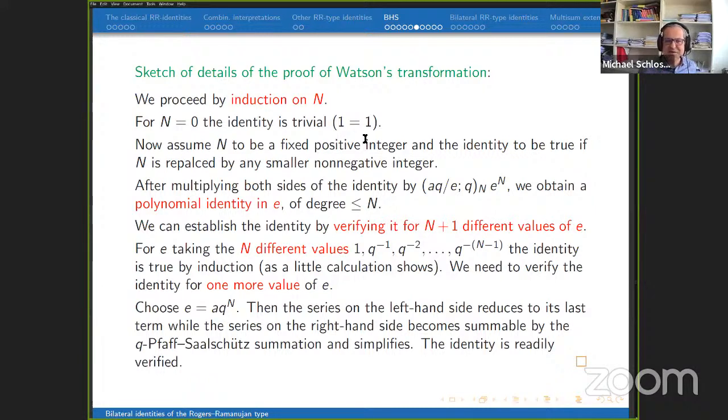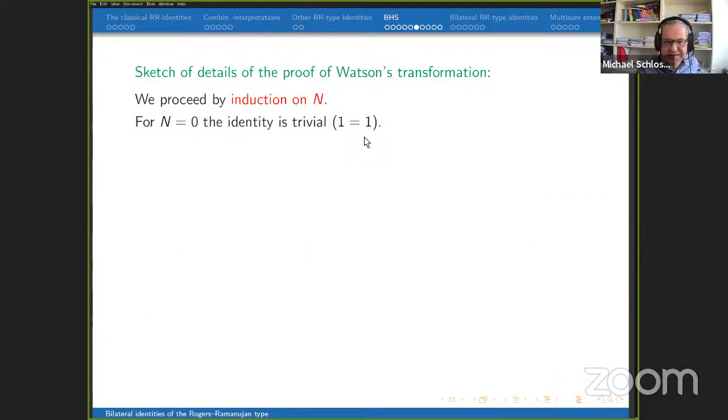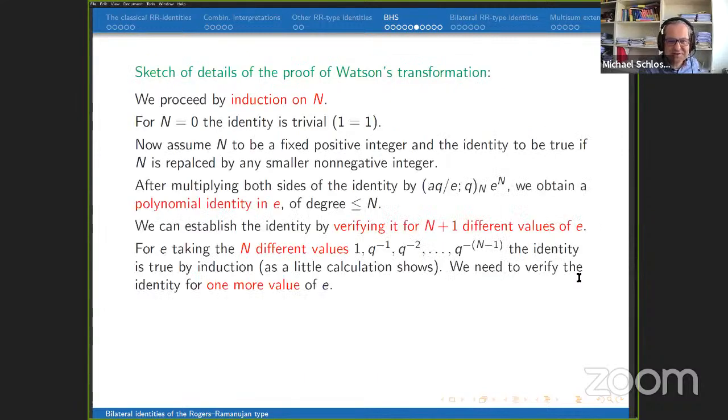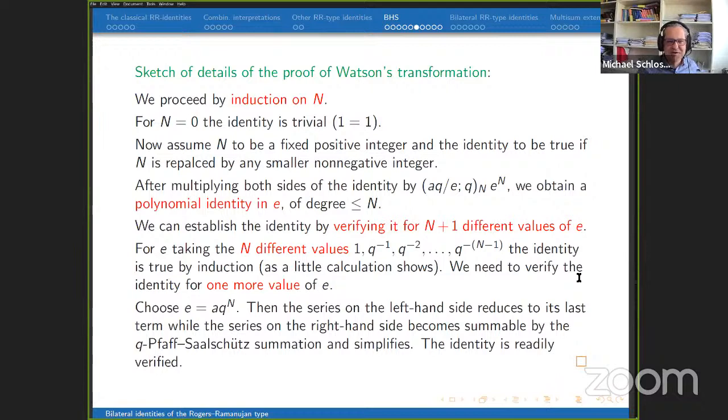But the identity was easy to guess because Whipple had proved the special case of it, and it was easy to find the q-analogue. So it's induction combined with a polynomial argument.